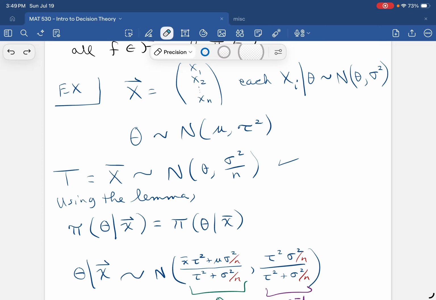Again, x bar. We're going to define a statistic t equal to x bar. And from our knowledge of the sampling distribution, it follows this normal distribution indicated. So using the lemma that we looked at earlier, since we know that x bar is sufficient for theta, the posterior distribution of theta given our entire sample data is equal to the posterior distribution of theta given x bar.